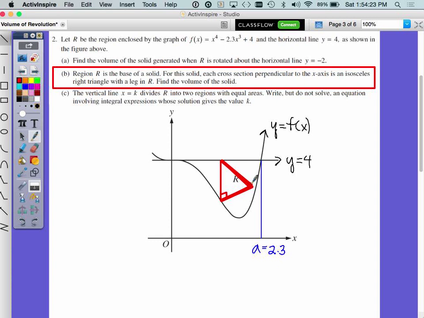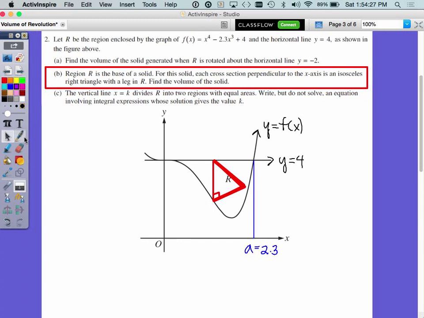We can imagine this in 3 dimensions, the triangle coming straight out of the board at us. So I've got that distance, which I'm going to call B, or this distance, which is also B.